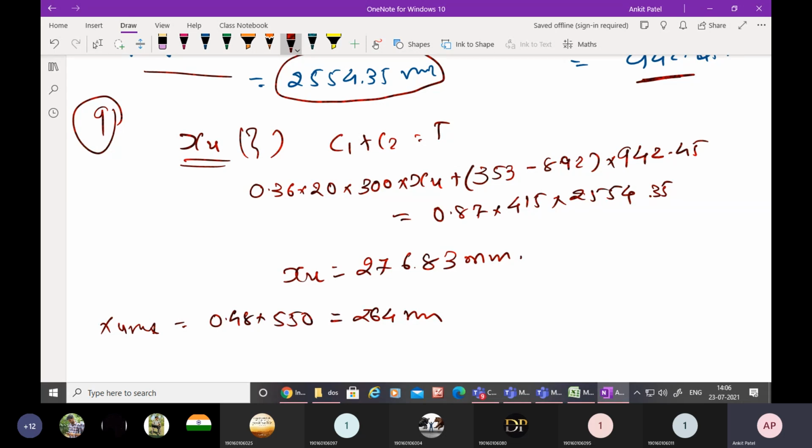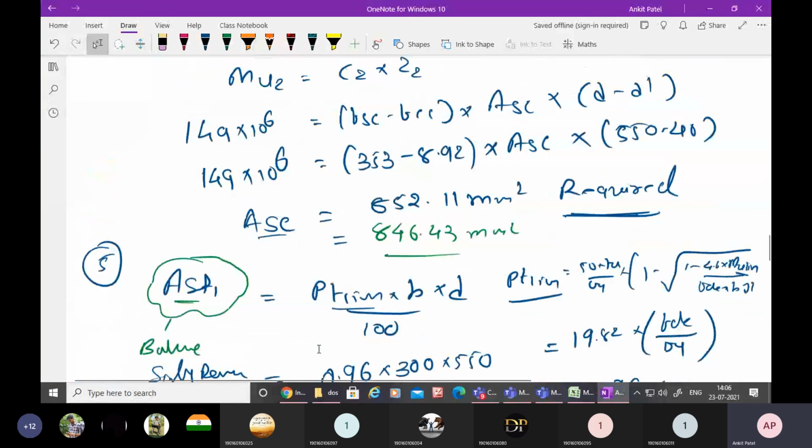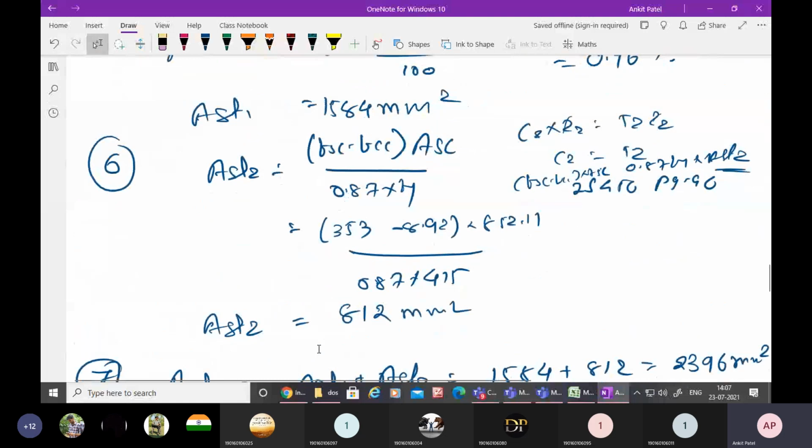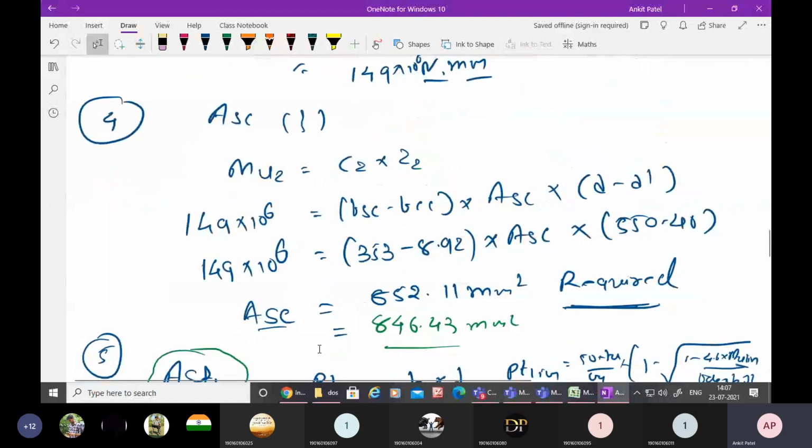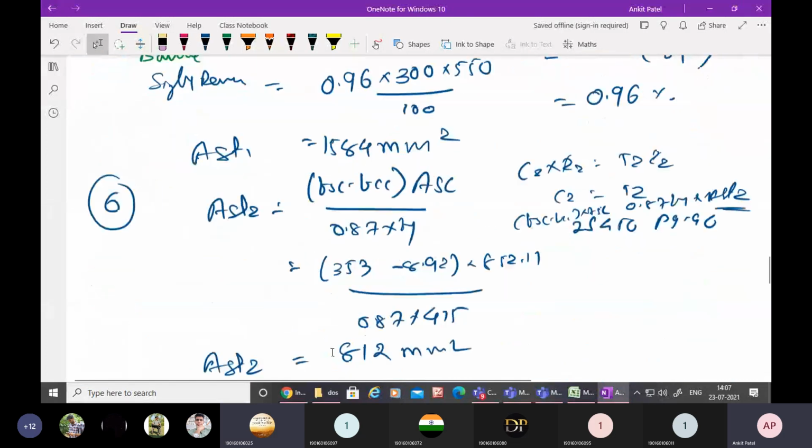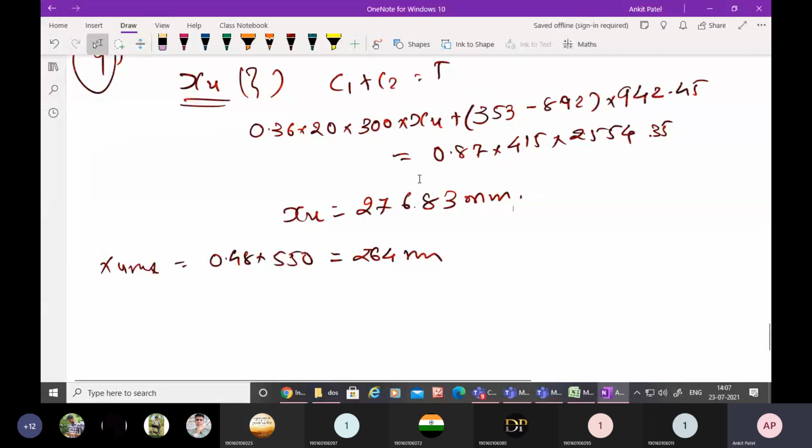So it is really very required to cross verify. 2160. The answer is 276.84. Yes, exactly.